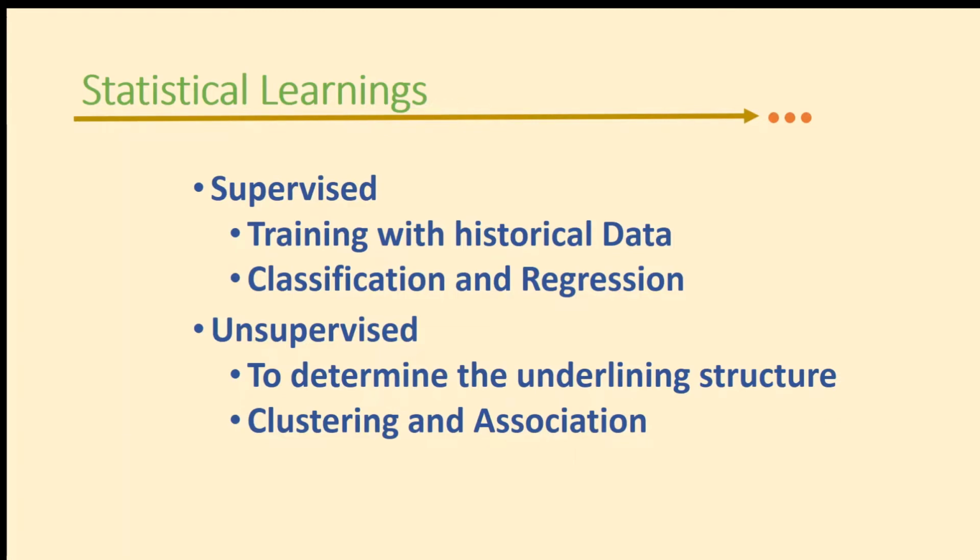Once everything is satisfactory, then we can use the new data to predict the value of the target variable. Because we are consciously training the model in supervised learning, but on the other hand, in unsupervised learning we are not giving any training, only the data will be given.